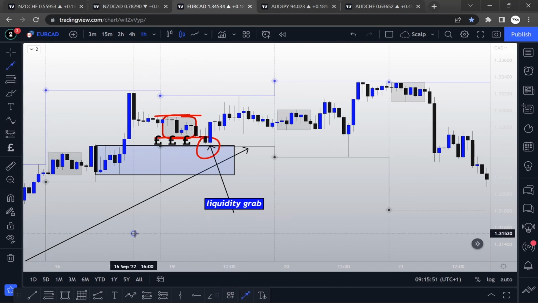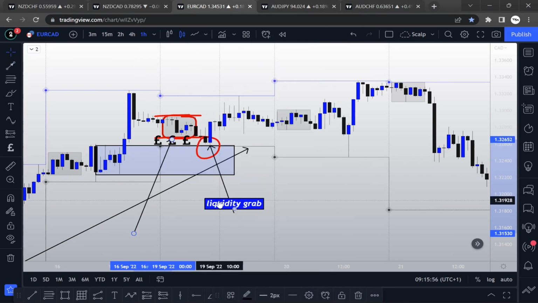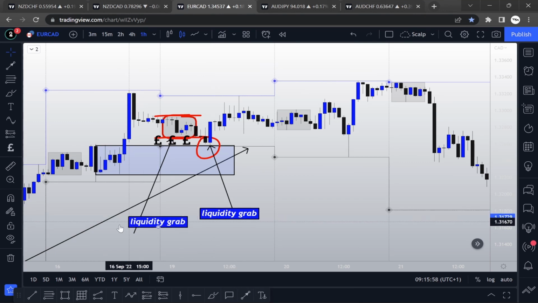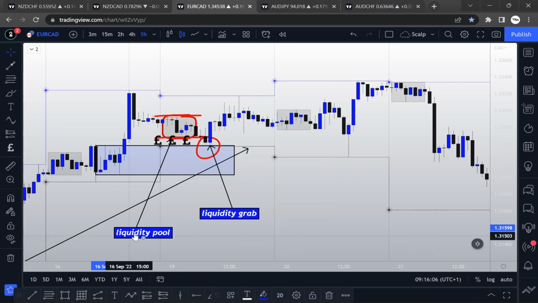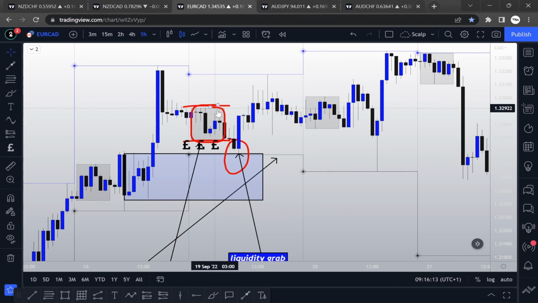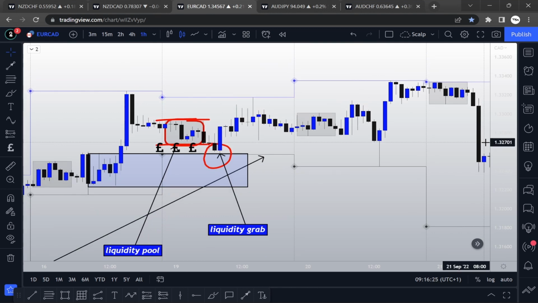And the area where the pound signs are, that is a liquidity pool. So essentially what the price does is that it dives into the pool where people and traders all over the world place their stop losses. Okay, so that's why it's called the liquidity pool.